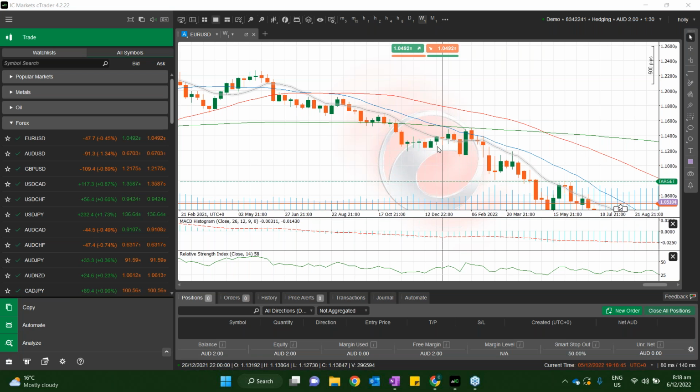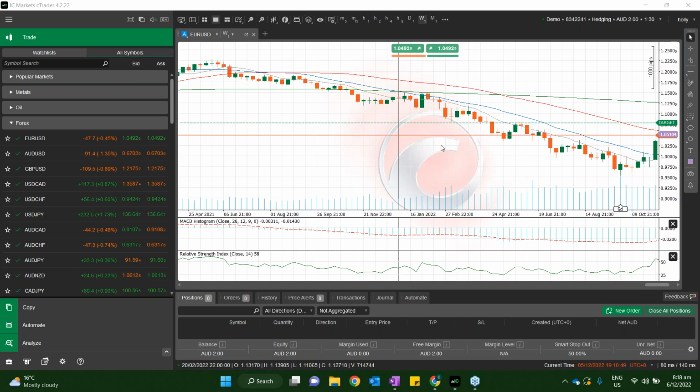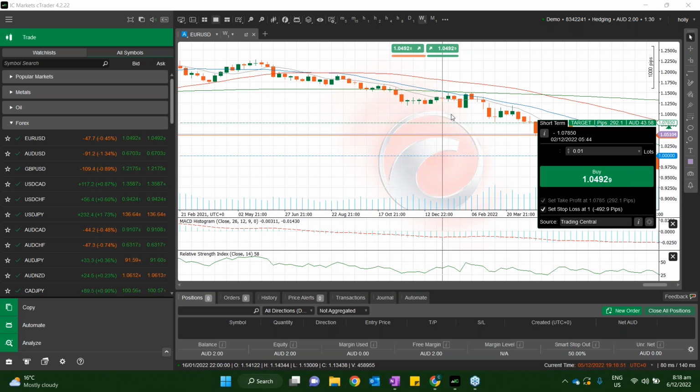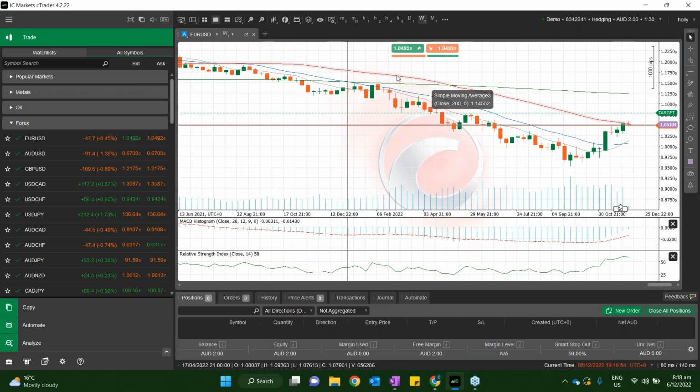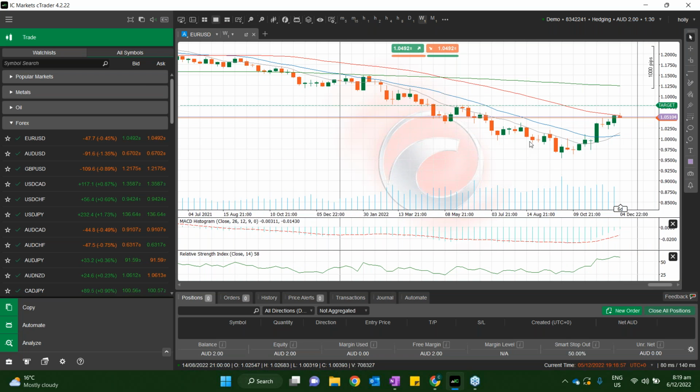Pull back into the moving averages, you could have taken it on this one, but it probably wouldn't have triggered. So you may have taken this one, down we go again. And each time that happens, even this one here, down we go again, you can take advantage of all of these moves until such time as it gives you a deeper pullback.